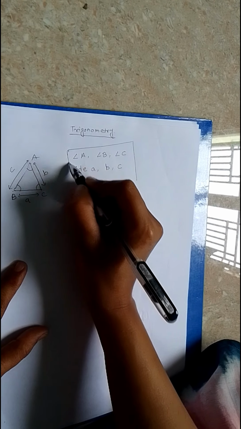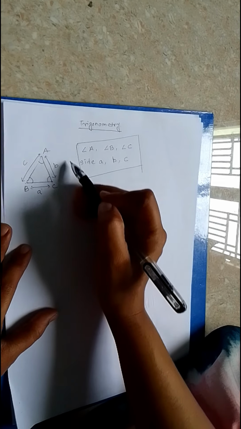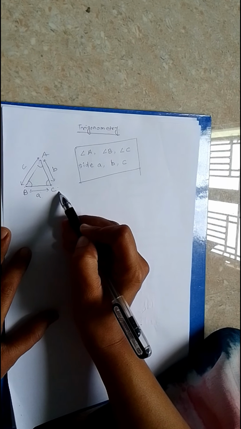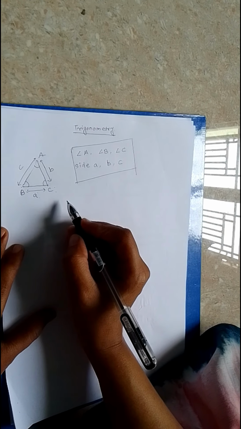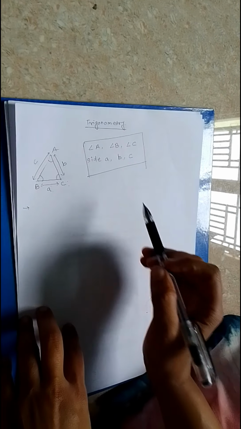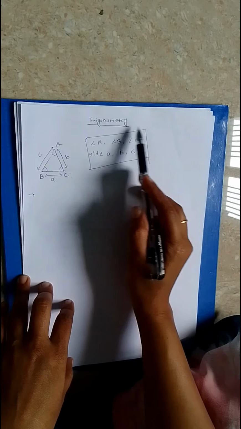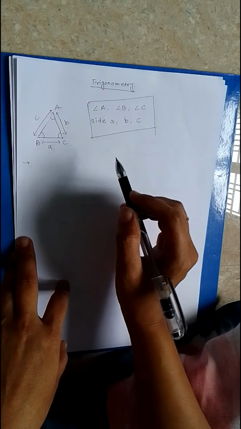These are the 6 parameters we can determine with this triangle. Now, in a few examples, we are given some of these parameters, and the rest of the parameters we have to calculate.